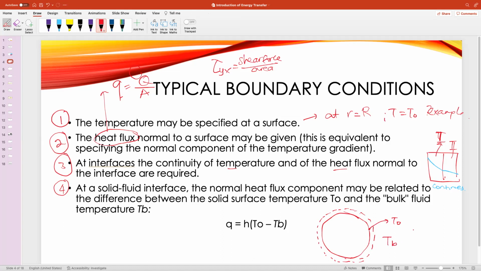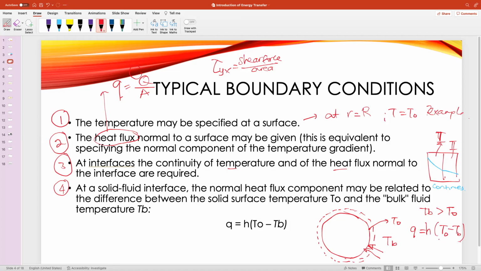Okay, so the Q, the normal heat flux over here, for example, let's say TB is higher than T0, the Q would be h, the convective coefficient, multiplied by T0 minus TB.